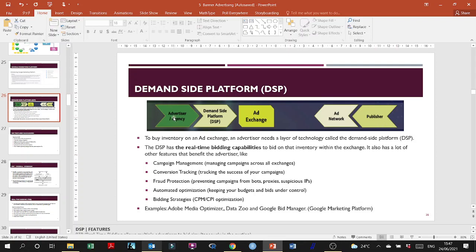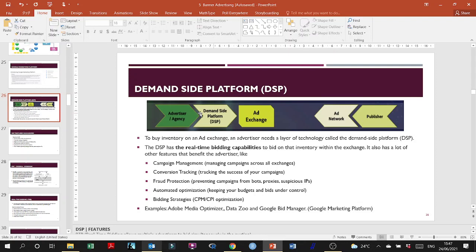Because what happens is the advertiser pays and you provide the service to the advertiser and also to the publisher, which is basically posting advertisements on the publisher's site.